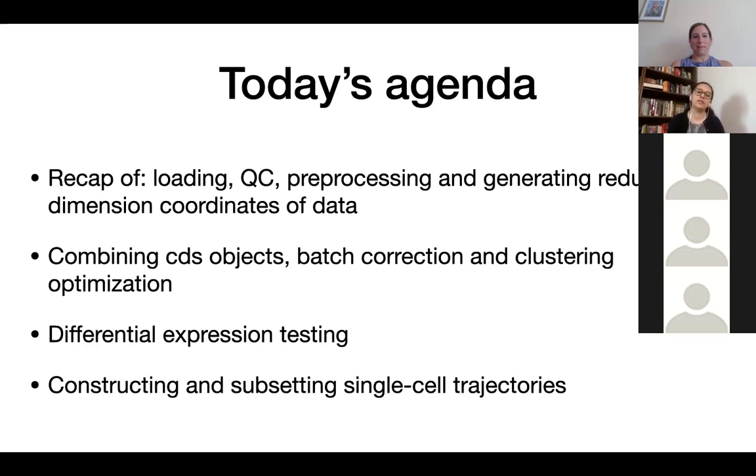And then we'll touch upon two methods to do differential expression testing, and also how to subset your CDS, learn the graph and plot your trajectory, and check the changes in gene expression along the trajectory that you've plotted or learned.